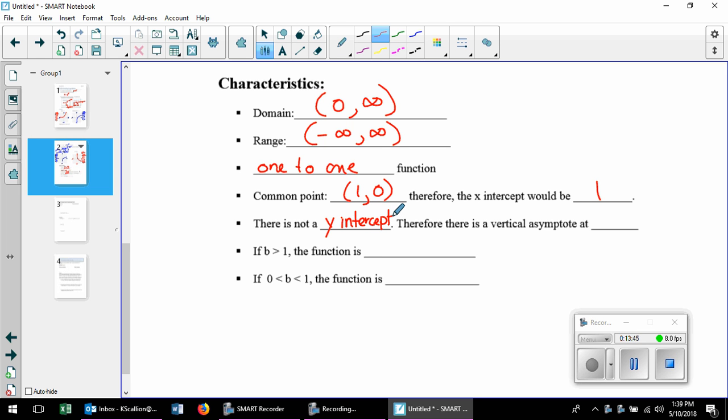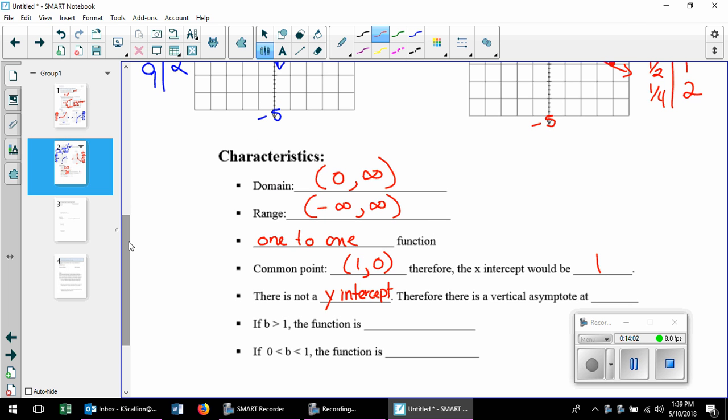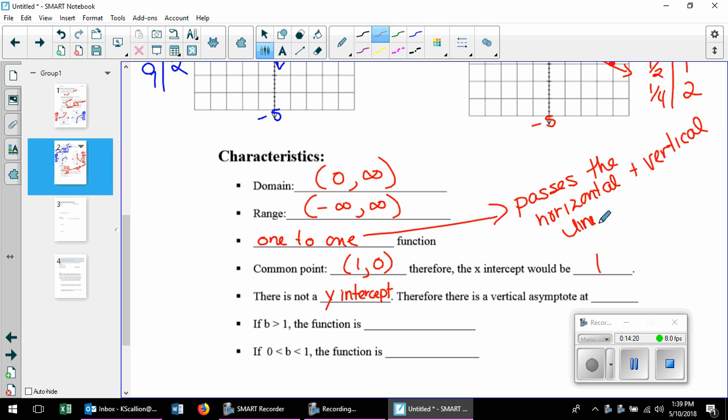Okay, wait a minute. Yes, the function and its inverse are both labeled as functions. Like the original one and its inverse. Okay, so let's go back and fill that in so you know what that means. So Matthew said it passes the horizontal and vertical line test.